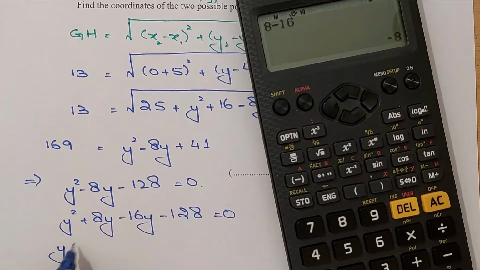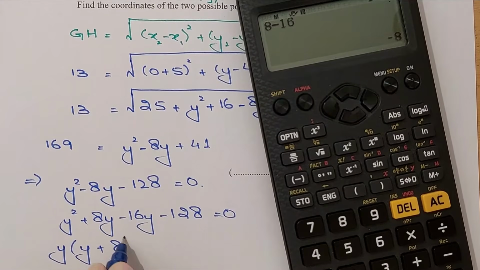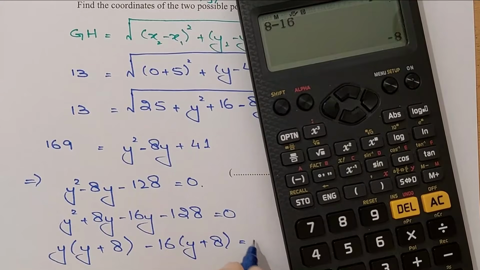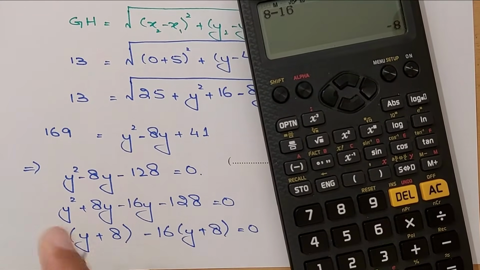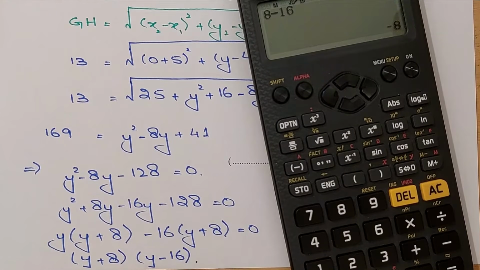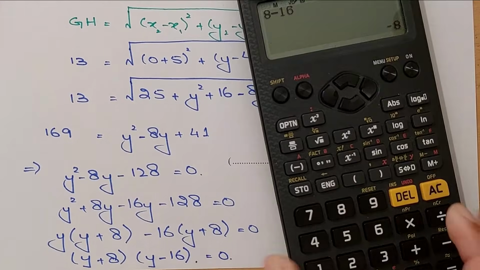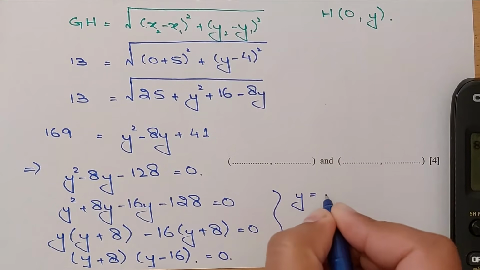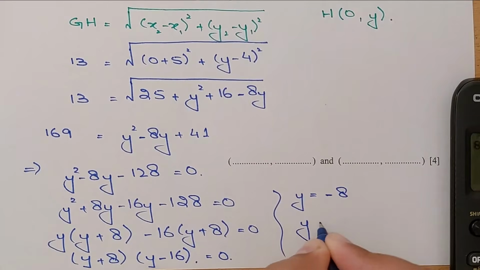For the first two terms we can take y common, y minus 16 is left, 8 is common, y minus 16 is left, equals 0. So the two factors are y plus 8 and y minus 16, equal to 0, right? Now from here we have two values for y: y equals minus 8 and y equals positive 16, right?